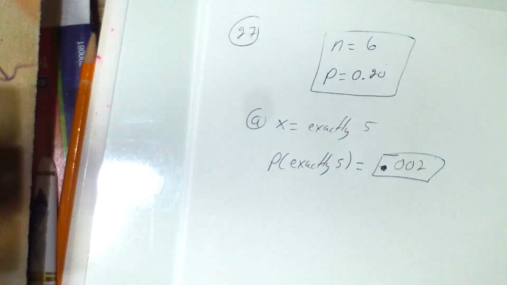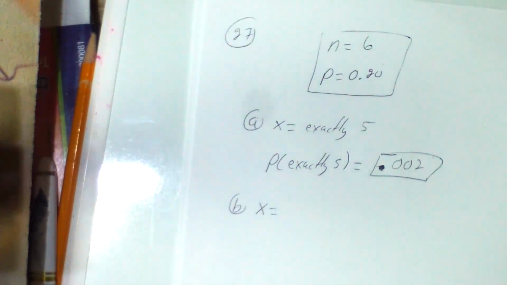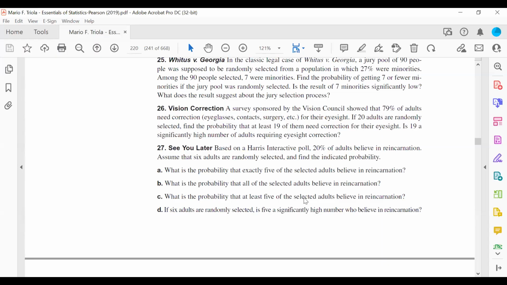Okay. B. I think B is asking, I'm using n 6, p is 0.2, and my X is what's the probability that all of the selected adults believe in reincarnation? Well, what's considered all? Oh, there were 6, all 6 of them. Exactly 6. So I gotta find the probability of exactly 6.